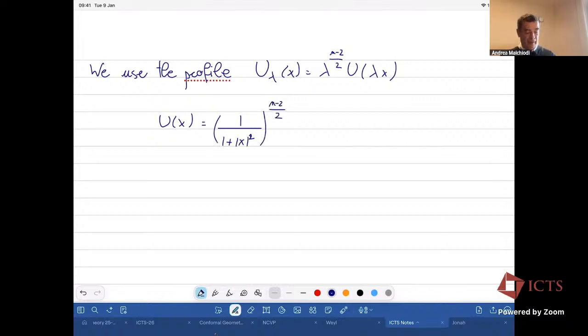And this at infinity behaves like 1 over x to the n minus 2. So you notice that if n is large, the decay is faster.